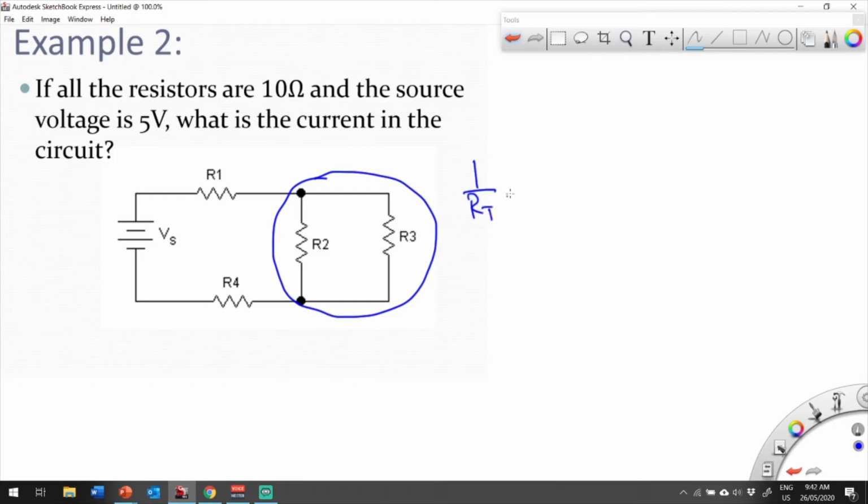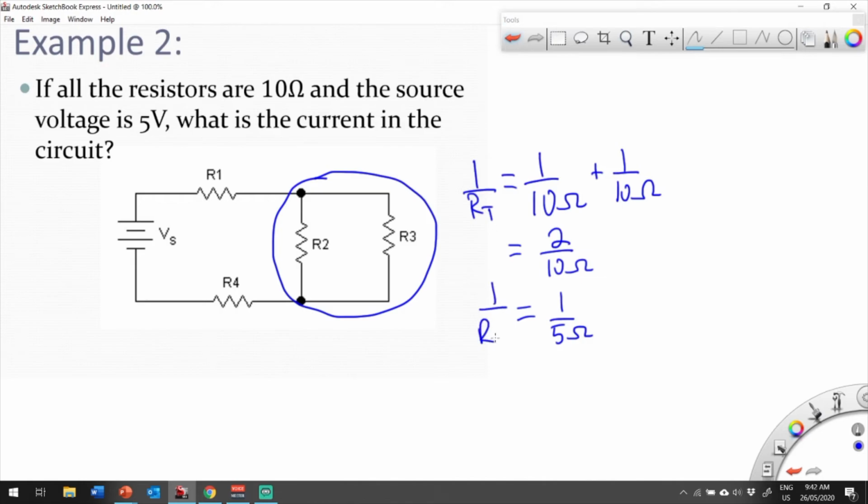So 1 over total resistance here will be 1 over 10 plus 1 over 10 ohms. This ends up being 2 over 10 ohms, which ends up being 1 over 5 ohms, and then we just flip it, so total resistance will be 5 ohms. I'll make a note, this is 5 volts.